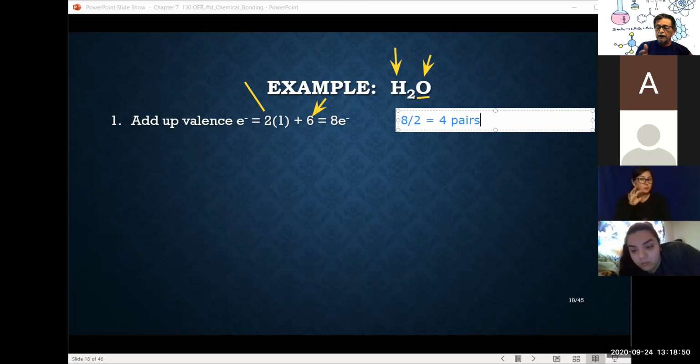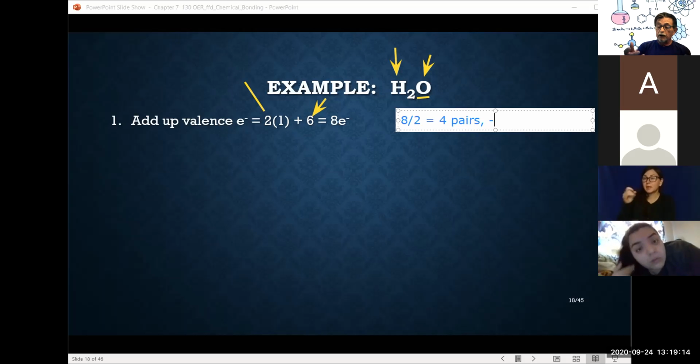In this case, we only got 8, not too much of a problem, but you can end up with 32 valence electrons. And I just divide that by 2 to give me 16 pairs, which is a lot easier to follow. Also, when I start drawing structures, I can simply draw a hyphen or a line. That line represents a bond, which is 2 electrons.